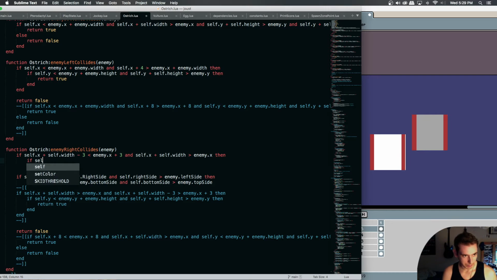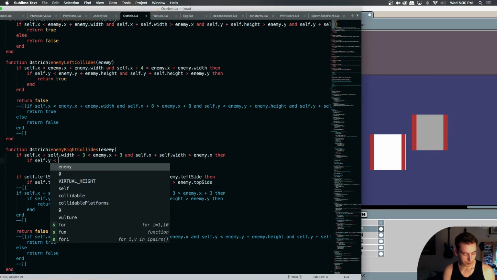Which is going to be if our top is smaller than the bottom.